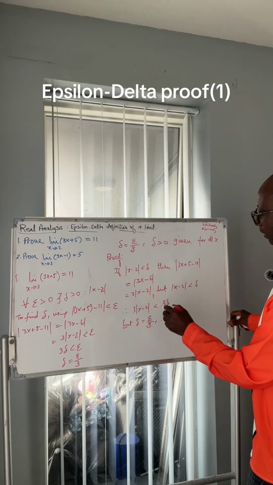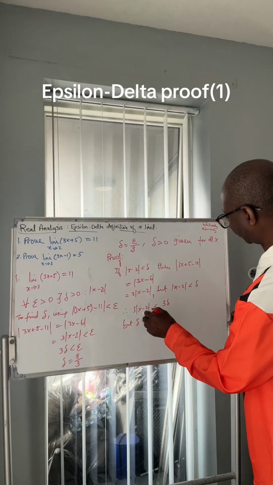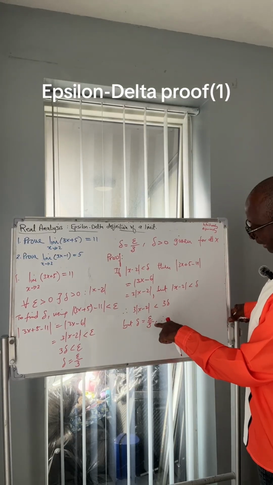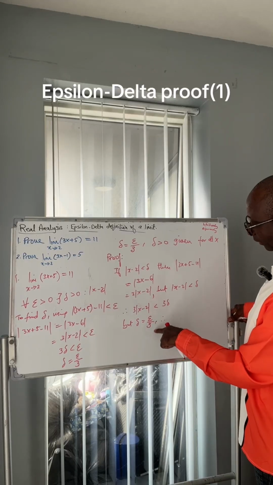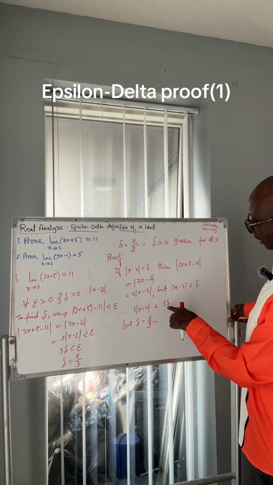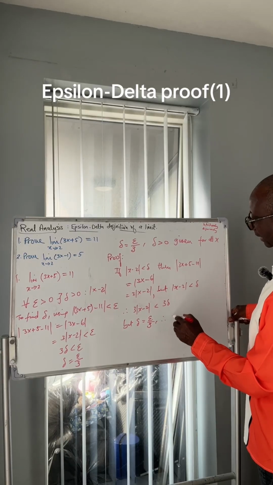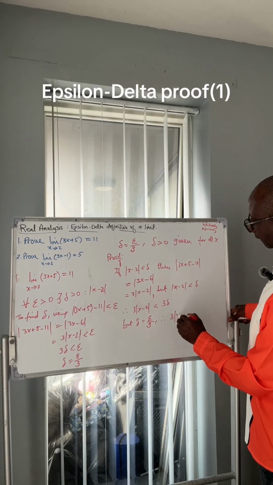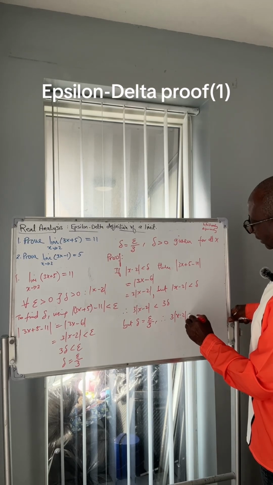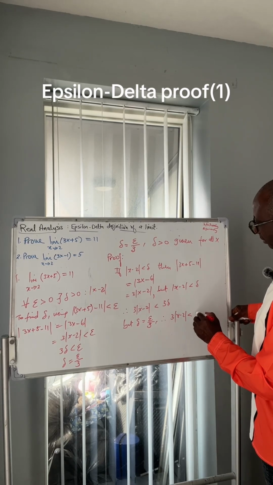Therefore, we know what delta is, it's epsilon all over 3. So this one here, 3 times the absolute value of x minus 2, is less than 3 delta.